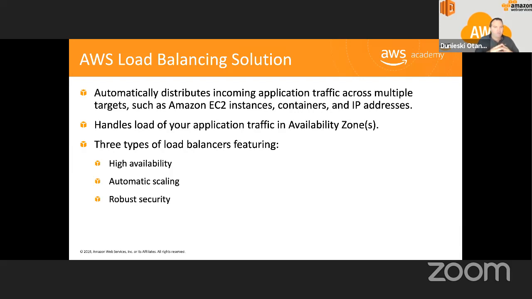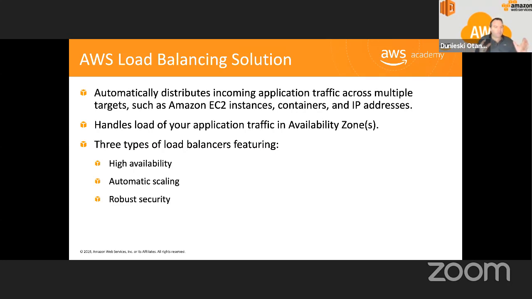So it handles the load of your application traffic in availability zones. To be able to work with an elastic load balancer in multiple availability zones, you have to enable the cross zone feature. Elastic load balancer by itself doesn't work outside the availability zone where it is created.